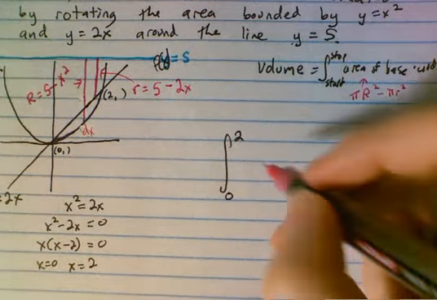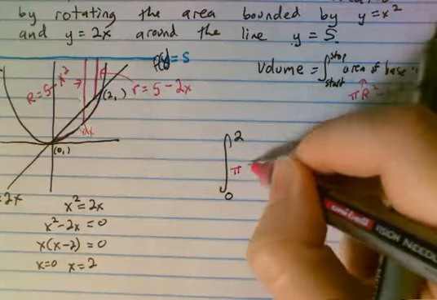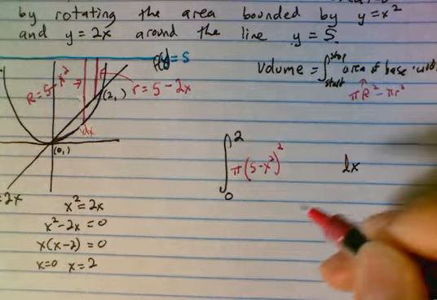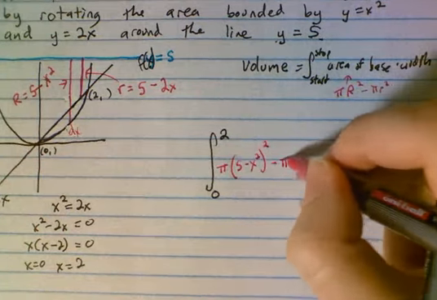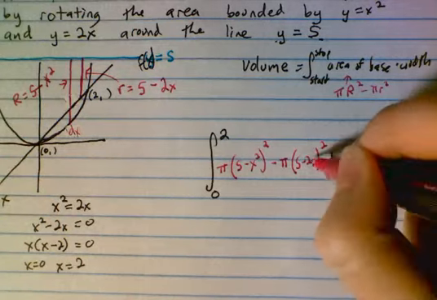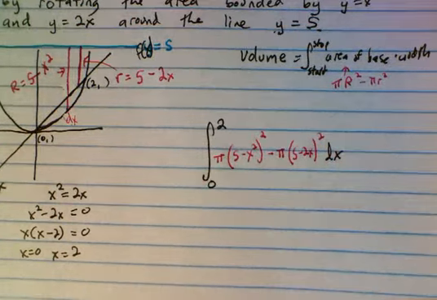Now I can put that into my equation. Pi big R squared, which is 5 minus x squared squared, minus pi little r squared, 5 minus 2x squared, all of that dx.